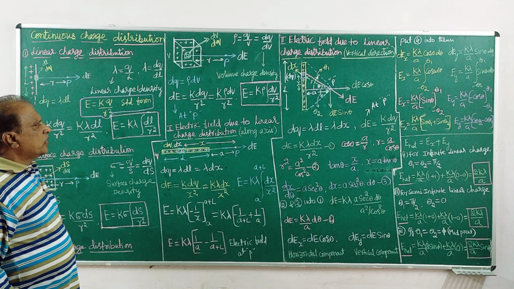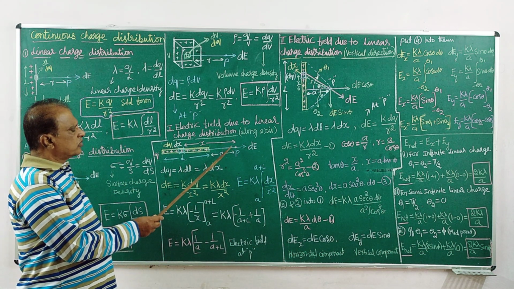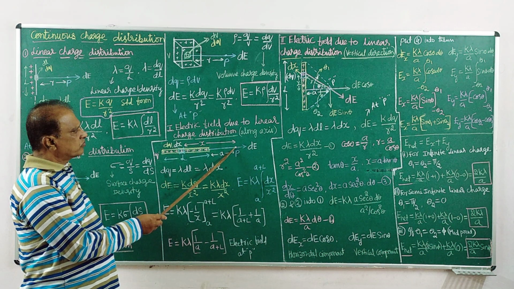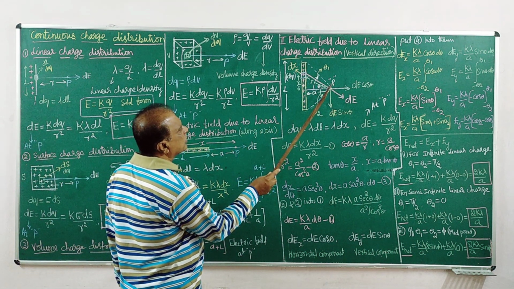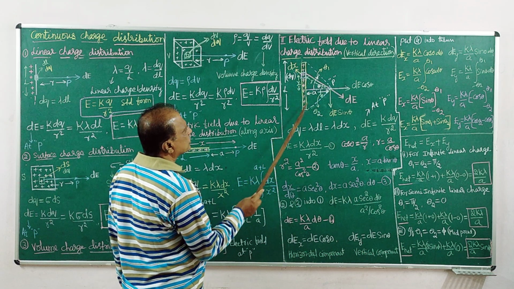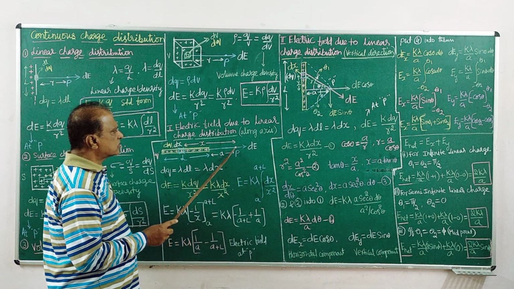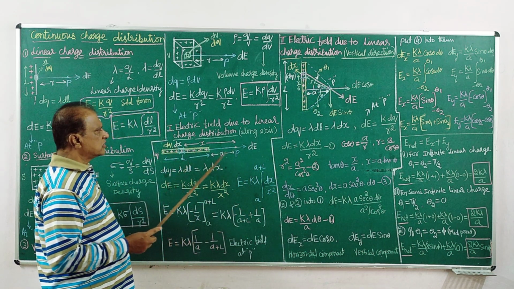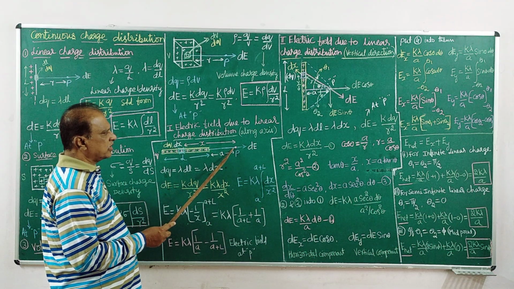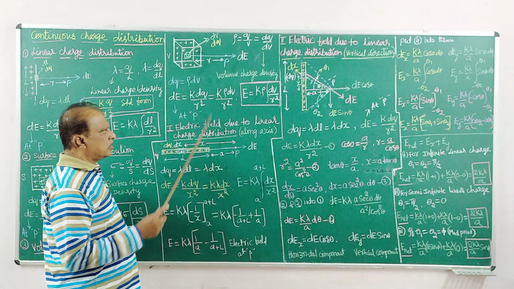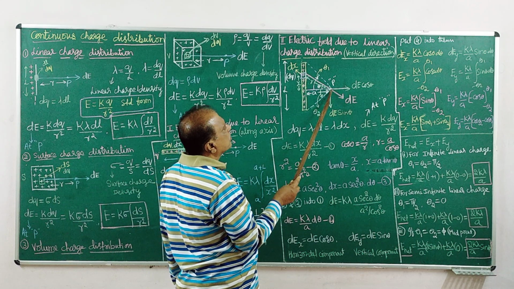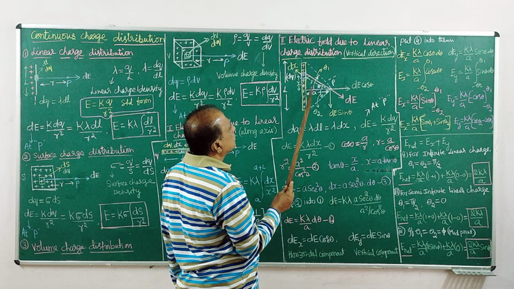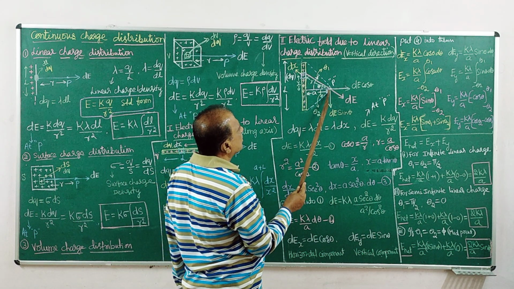We are going to find the electric field at this point, placed like this with respect to this, that is axial, along the axis of the linear charge. Here, along the vertical line drawn to the linear charge.